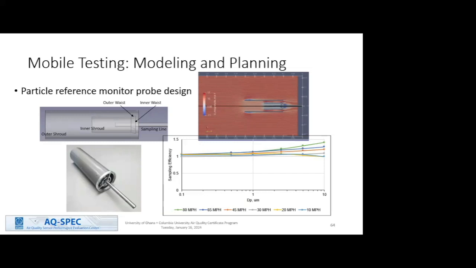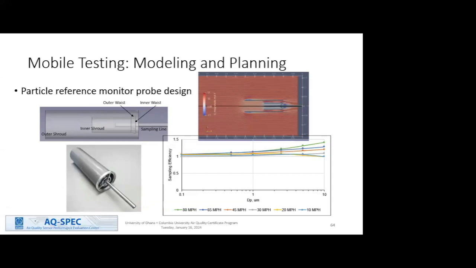As long as the velocity of the air matches the velocity at which you're sucking air into the probe, you're going to get a representative population of particles. But if they don't match, you're going to bias your sample to having too few or too many of the larger particles, and that will bias your overall picture of the particles.